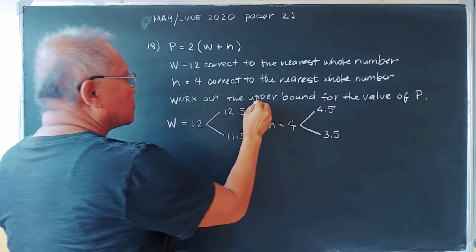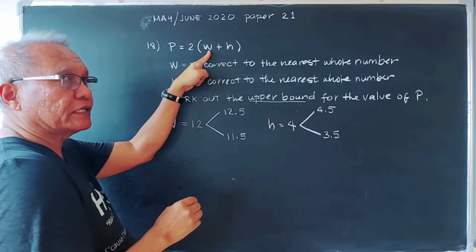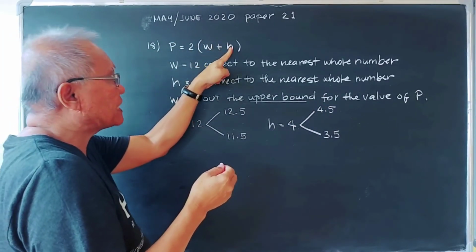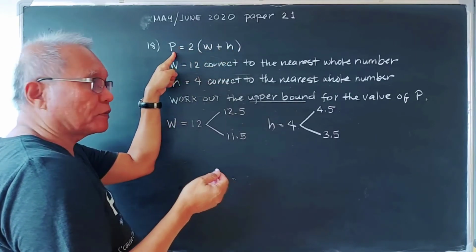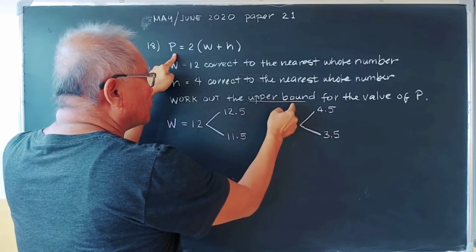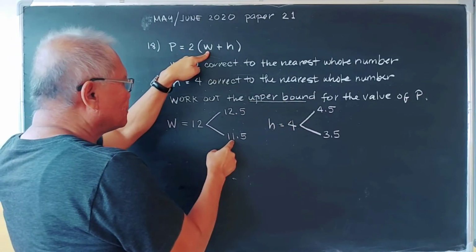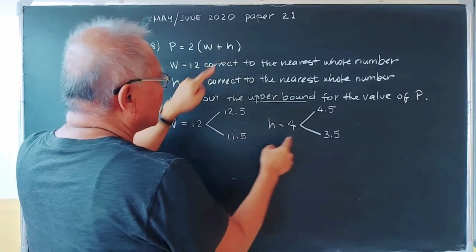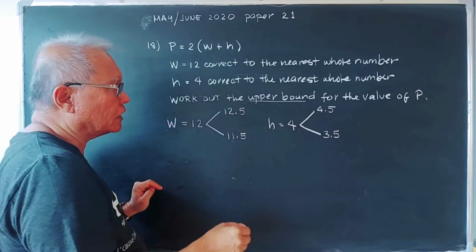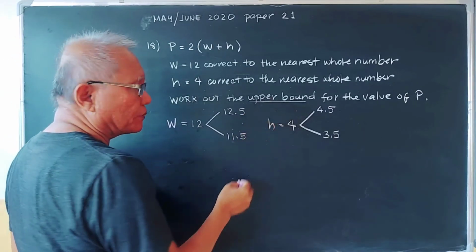Because we are going to get only the upper bound, it means that we use the upper bound plus the upper bound. If the question is work out the lower bound, then we'll be using the lower bound of W, which is 11.5, and the height is 3.5. But we're just going to get the upper bound.